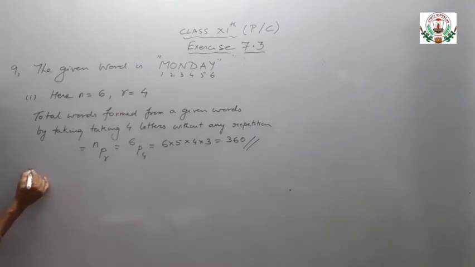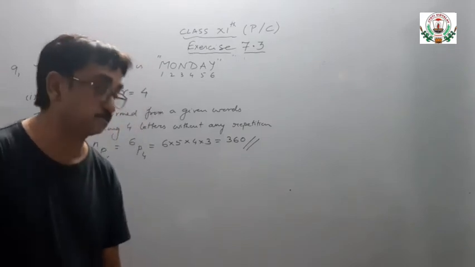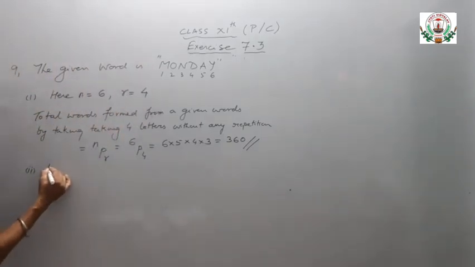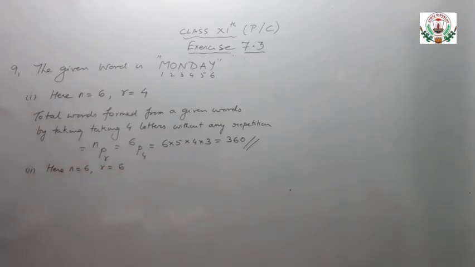Now the second part of the question: all the letters are used at a time. Now in the second part here, n is equal to 6 and r is also equal to 6.